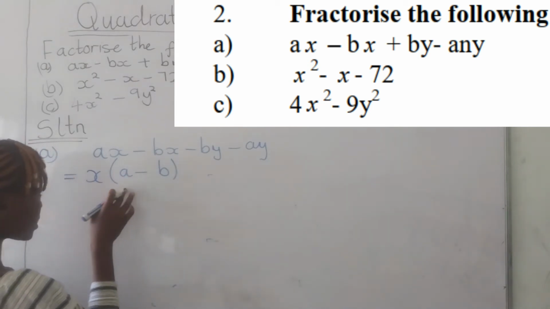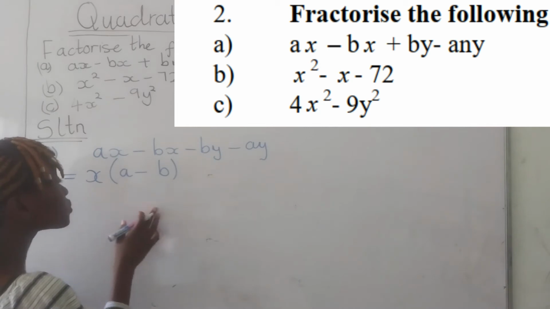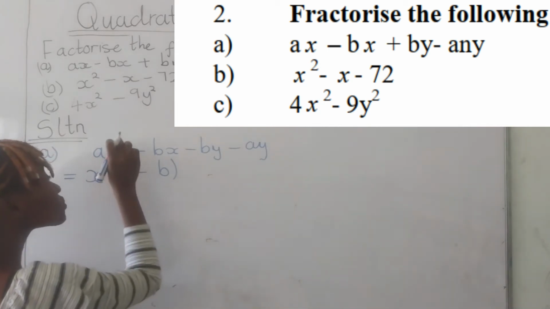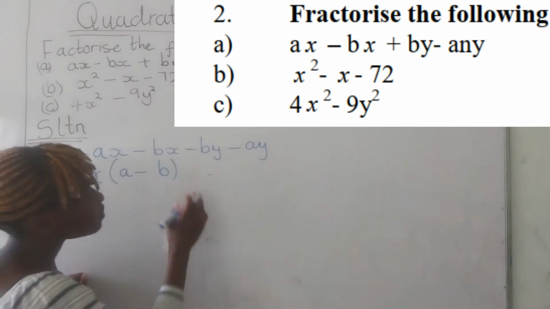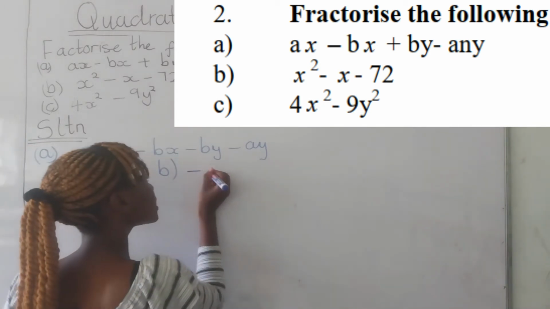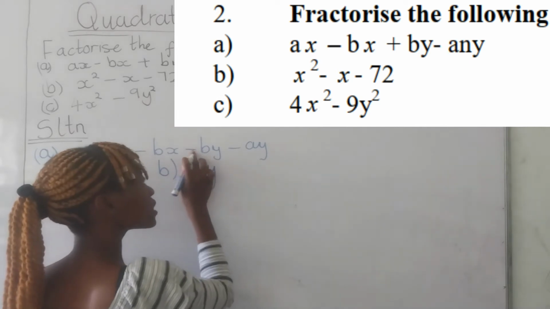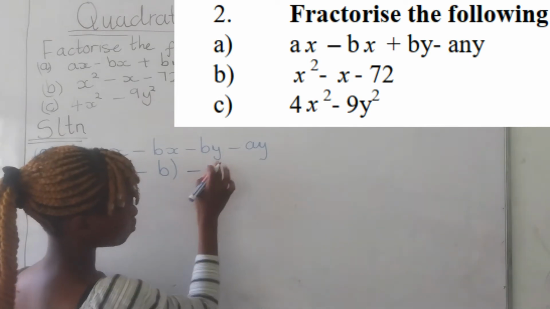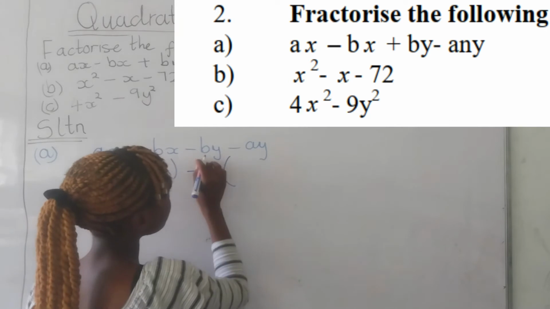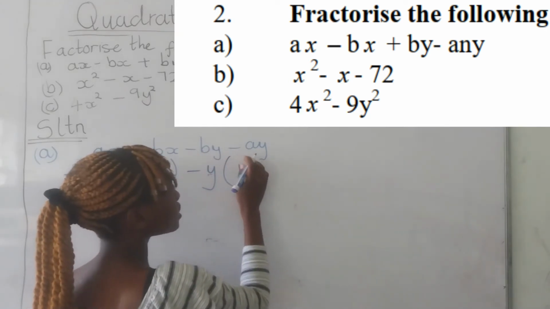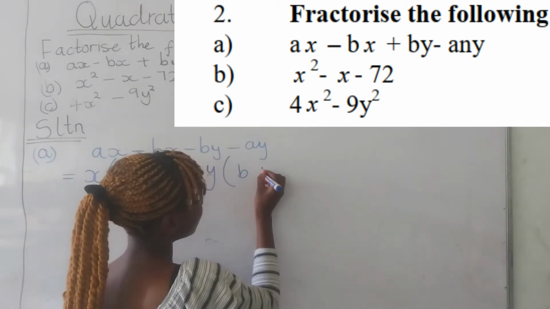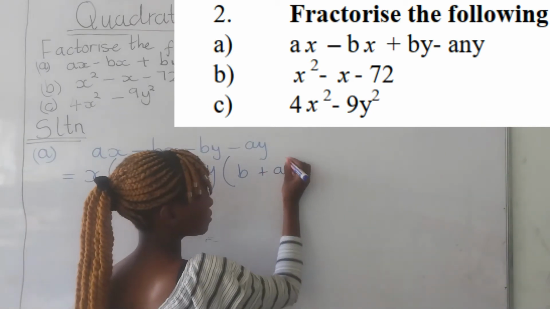If you take out your common factor, you have to make sure that when you multiply it back, it has to go back to its original part that it was. And for the second part, you can say minus y, since minus is common for both parts and y is also common, then you say b. If we take this part, it's going to be positive plus a.